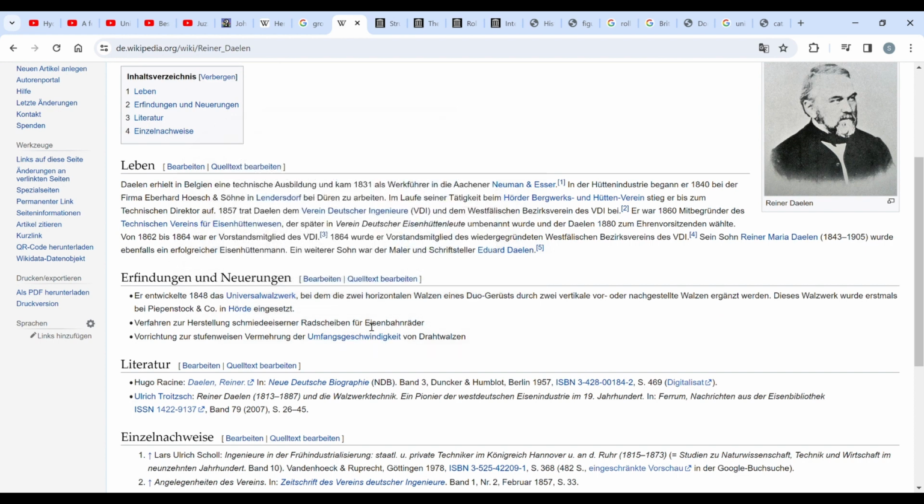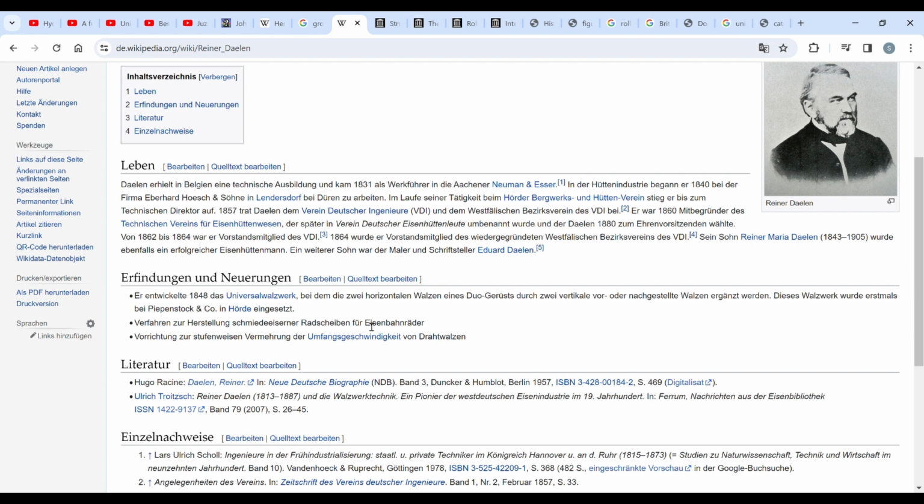So reading old and modern German texts, they believe he was the inventor of the universal rolling mill. And the name of his machine certainly suggests that at least his name is where the word universal came from.